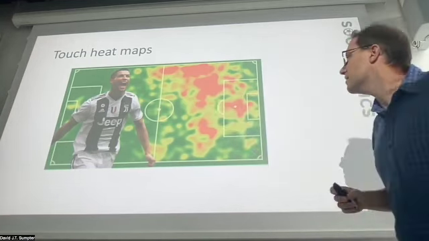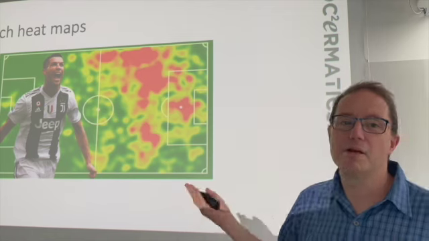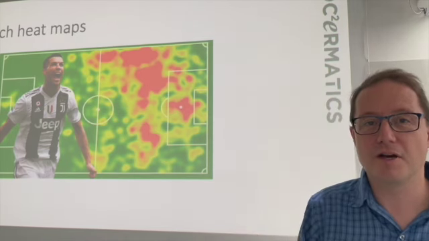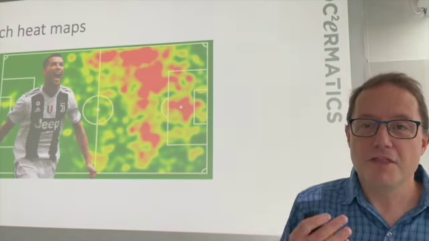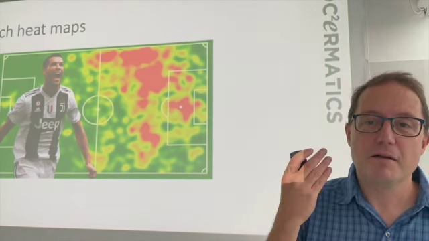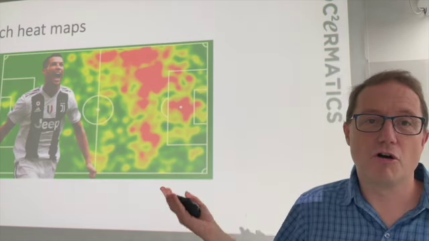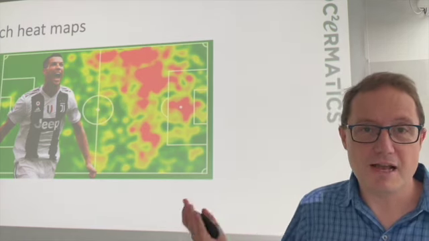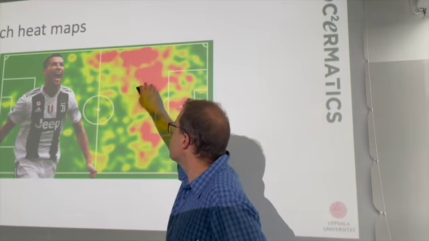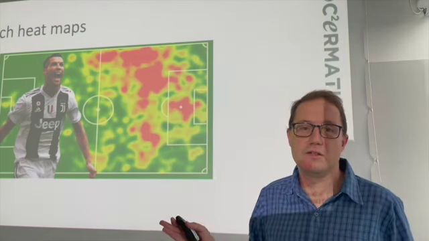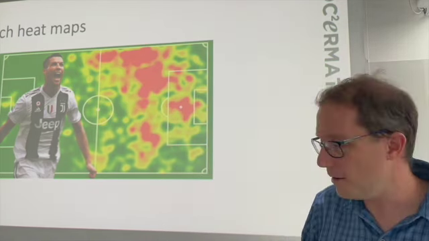The other thing that's problematic about it is there really isn't any context to it. When we're looking at midfield players, as we were with Schweinsteiger and Pirlo, nearly everything they do is part of a build-up of an attack. But when we look at Ronaldo, his job is to get the ball into the box, or if he has the ball in the box, his job is to score. So many of the touches that he makes out here are not really relevant to his role as an attacking player.